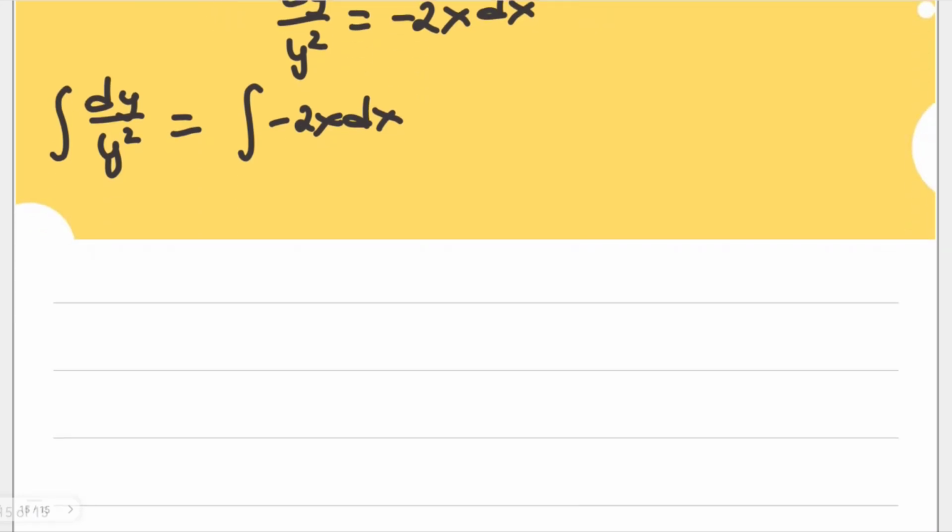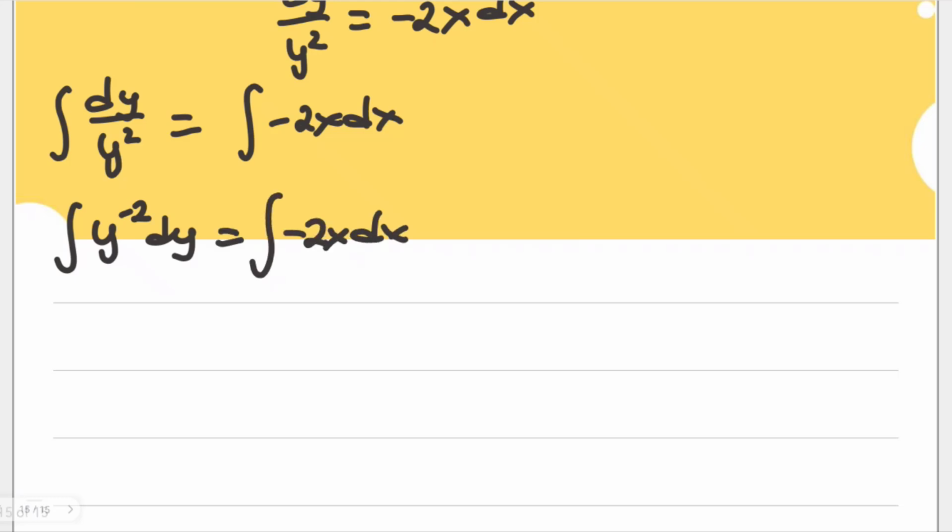You have the integral of y to the power of negative 2 dy, using the reverse of the law of negative exponent. Since we have a y squared found in the denominator of a rational expression, we can bring that exponentiation up, but the sign of our exponent will be its opposite. So from positive 2, that's why we have minus 2. On the other side, just simply as it is.